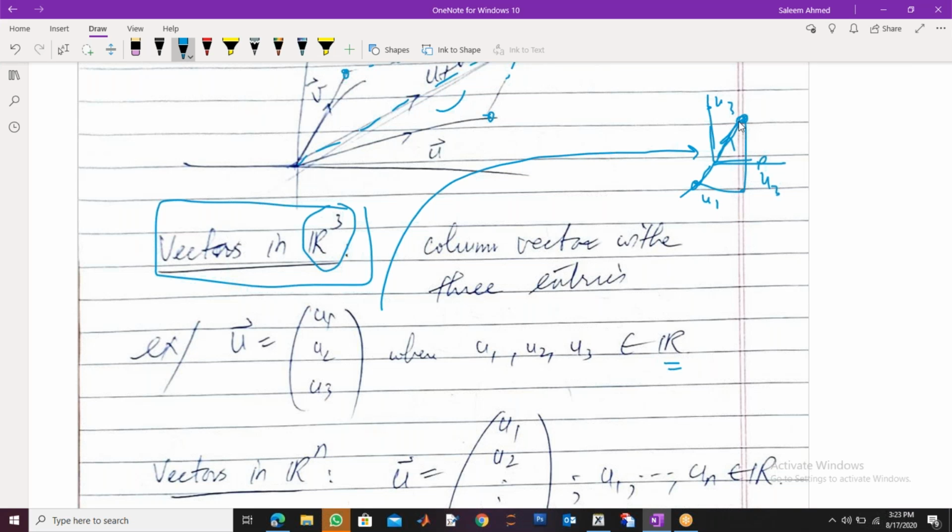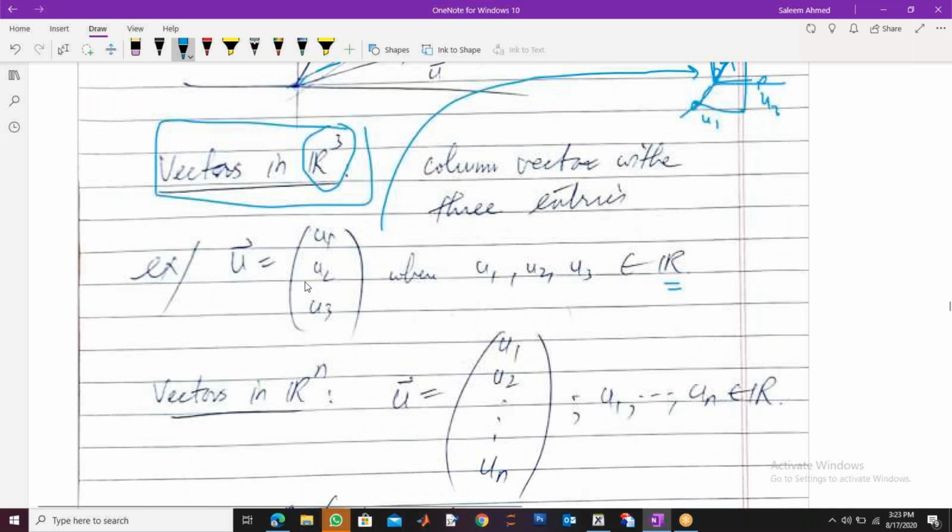It's not on the floor, it's not on the wall, right? You are outside of the wall and outside of the floor. So these vectors will be somewhere in space, coming from the origin and going outwards to the point you want. If I select all the points like this, that will be my set R cube, three-dimensional space.